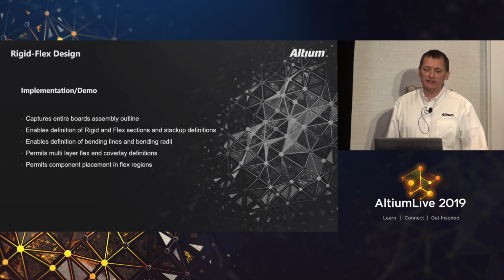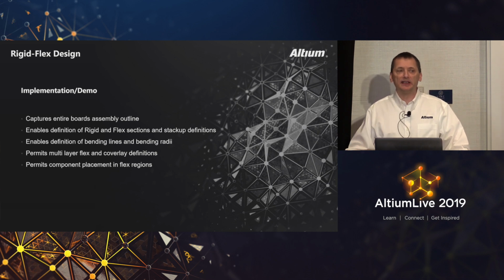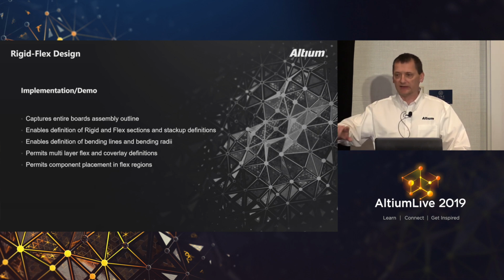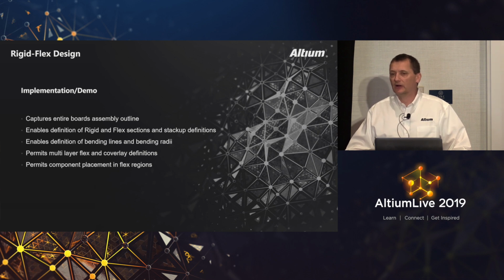So how do we design and verify that something can make a bend at a certain angle or complete a certain bending radius?